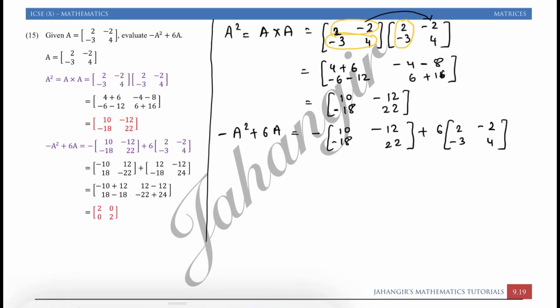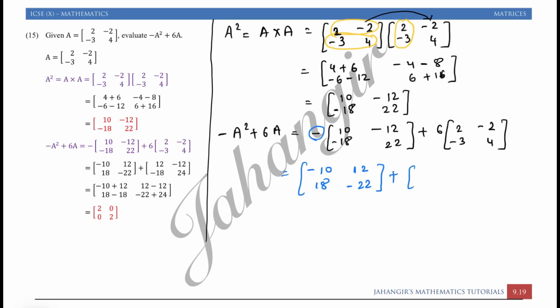So here first what we will do? We will try to put this minus sign inside. So I have to multiply with minus 1: minus 10, 18, 12, minus 22, plus.